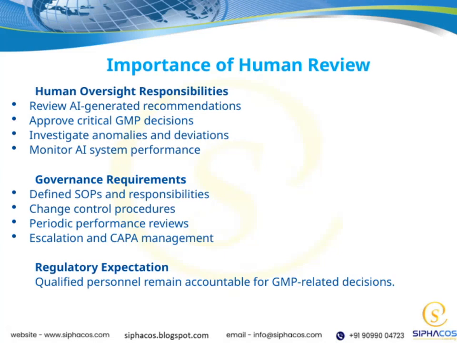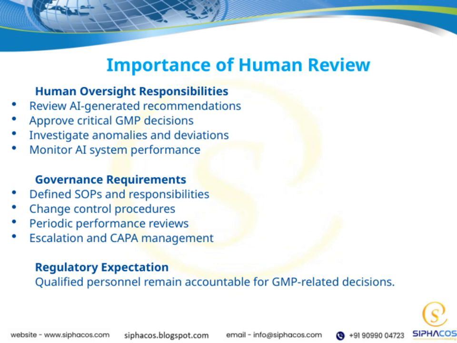Let's talk about the importance of human review in our processes. Human oversight responsibilities are critical to ensure that AI-generated recommendations are thoroughly checked. It's essential that we review these recommendations carefully to catch any potential issues early on. When it comes to critical GMP decisions, human approval is necessary to maintain accountability and ensure compliance.